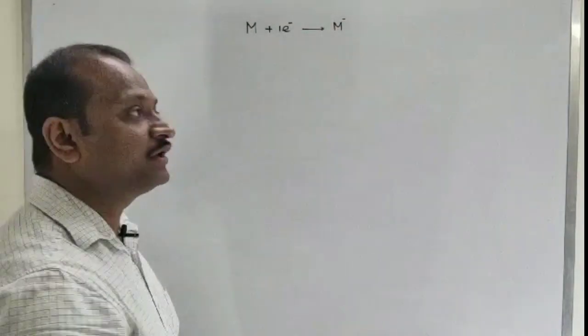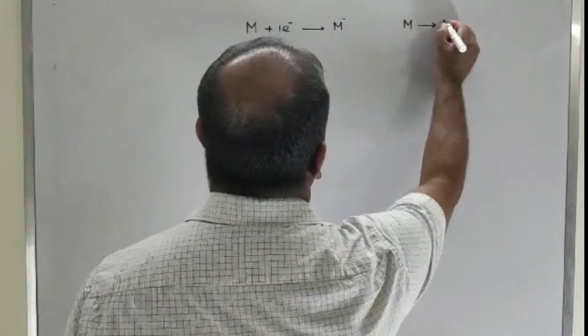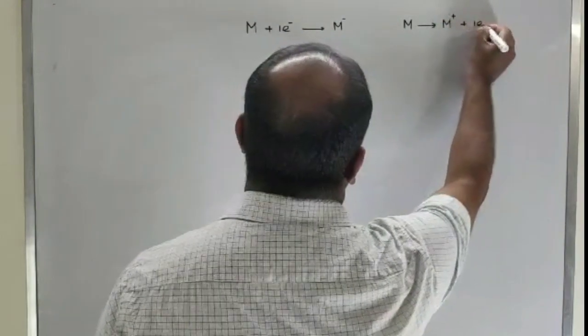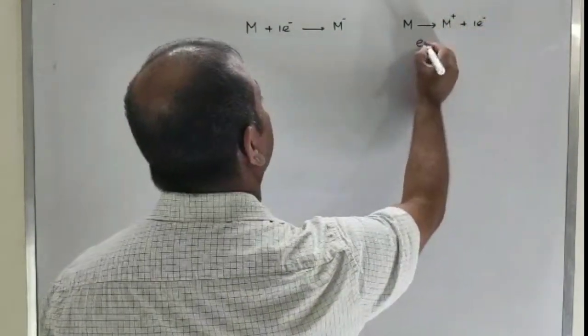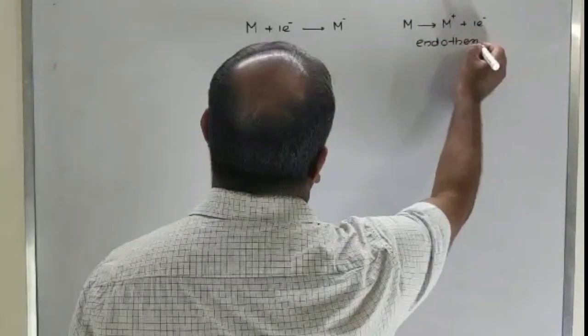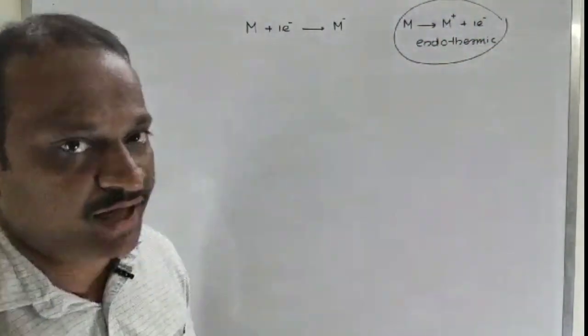I have told you earlier, wherever M gives one electron to form M plus, this process is an example of an endothermic one. So I told you very strictly this is endothermic. There is no doubt regarding that.